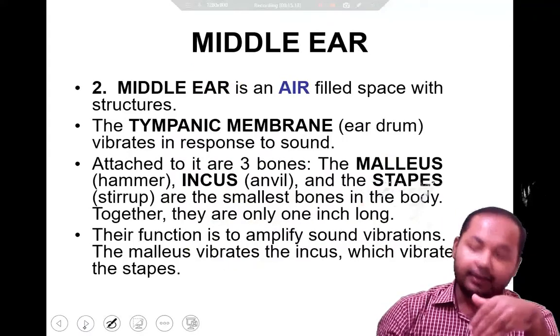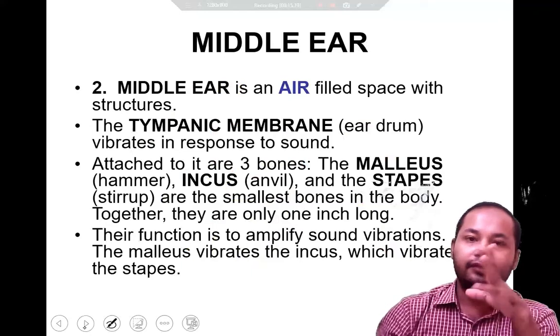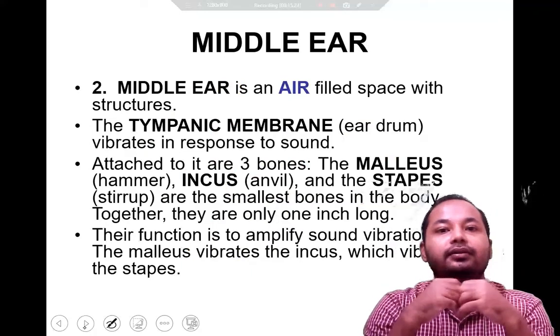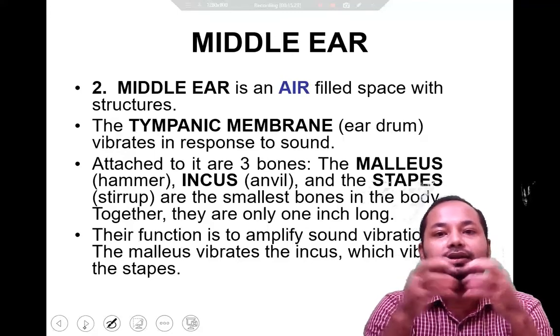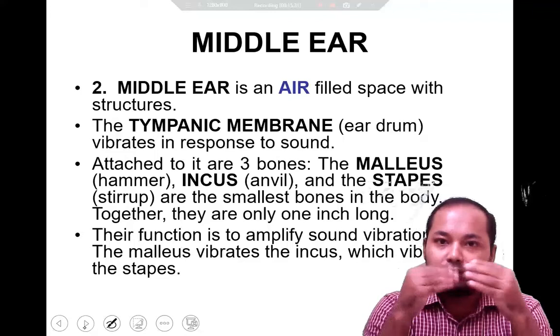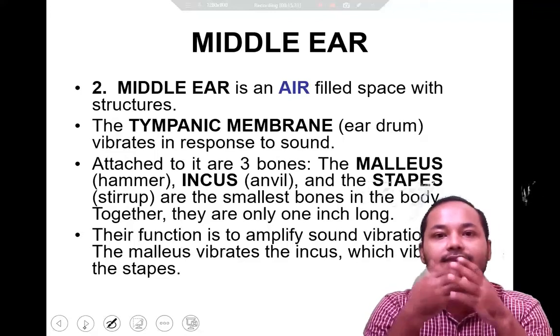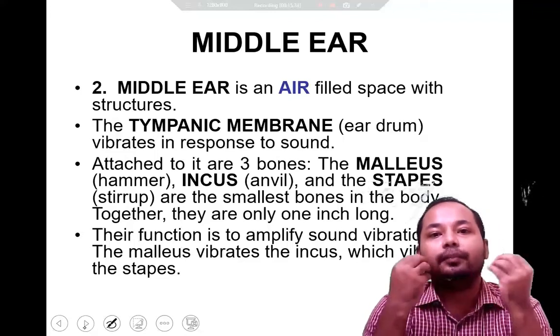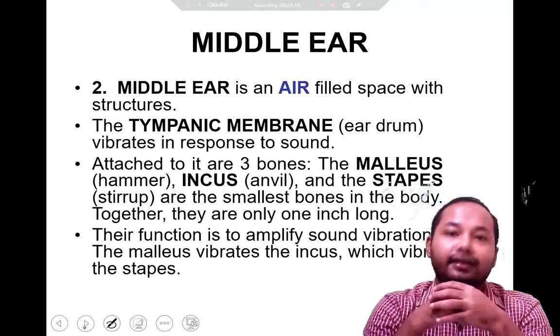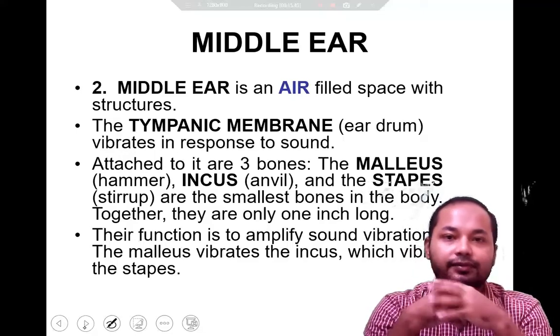Inside the middle ear cavity, you have three bones which amplify the per square unit area incident sound energy, in the form of waves, to the movement of the ossicles. Why is it important? It is important to break the inertia of the fluid which is inside the inner ear. I'll tell you subsequently.